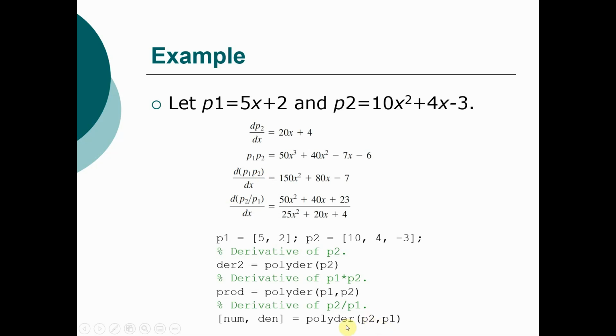And finally, if we have two inputs and two outputs, it gives us the derivative of the first argument divided by the second argument. But this is going to be in fraction form, with a numerator and a denominator. So it gives us 50, 40, and 23 for the numerator vector, and 25, 20, and 4 for the denominator vector.